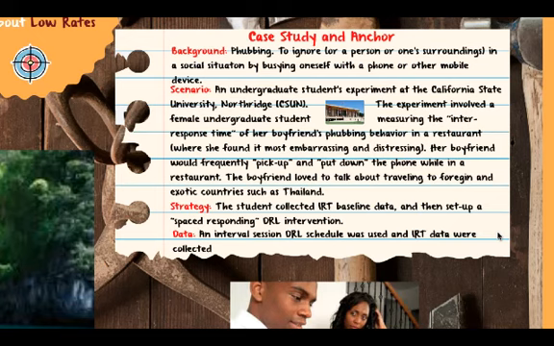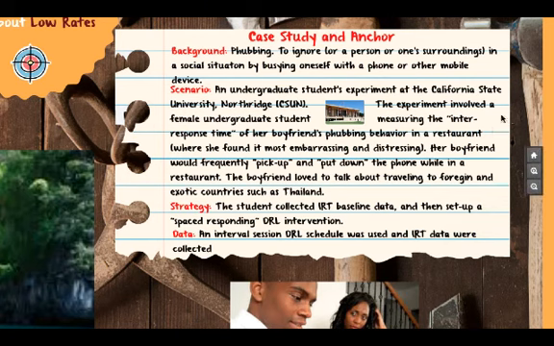One of my undergraduate students did an experiment at California State University, Northridge, and the experiment involved a female undergraduate student measuring the inter-response time of her boyfriend's phubbing behavior in a restaurant. So she just specifically picked a restaurant setting for convenience. And she found it both embarrassing and distressing when her boyfriend did this.